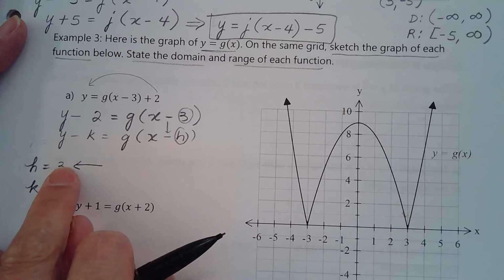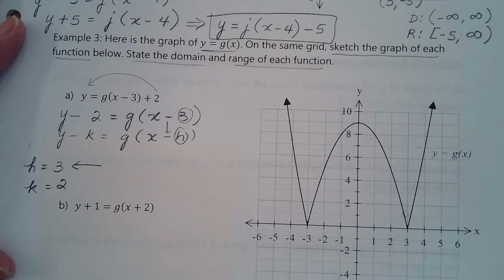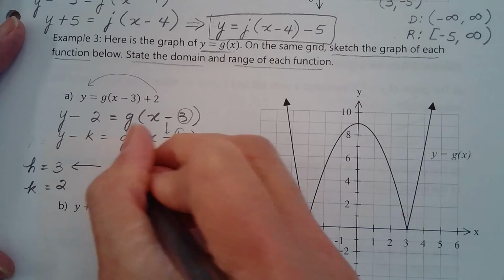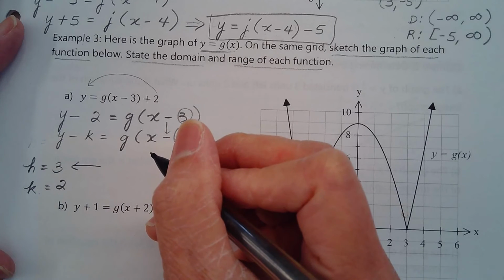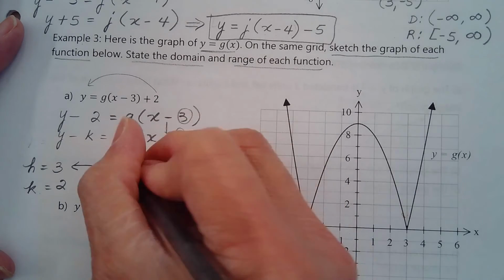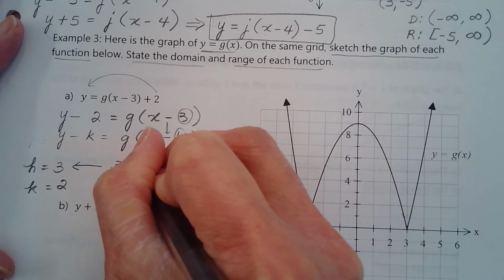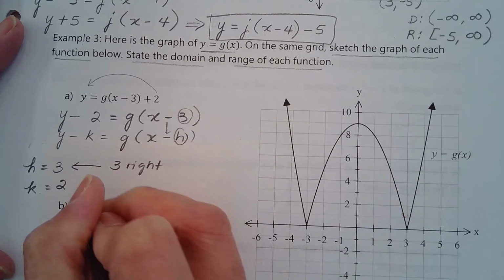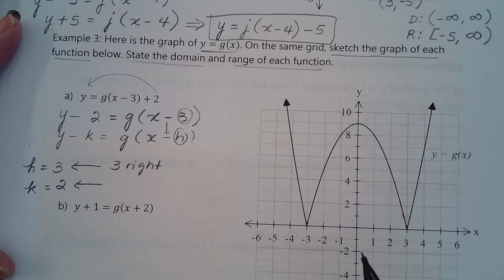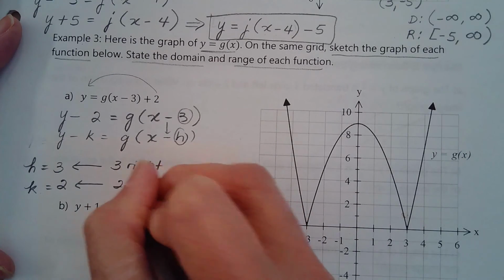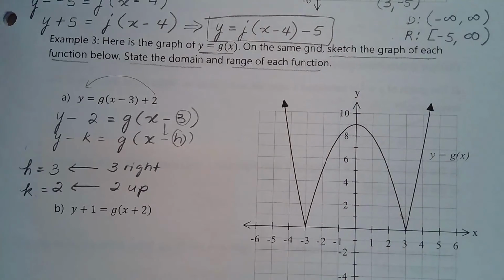So that means if h is 3, there's a horizontal shift of what? Left or right? 3 right. 3 to the right. And k is a positive 2, means 2 up.